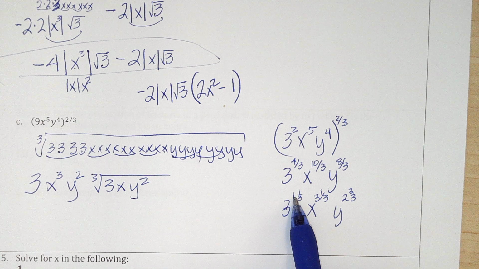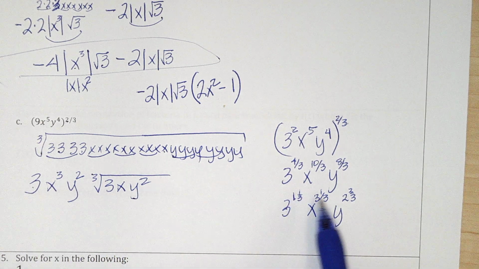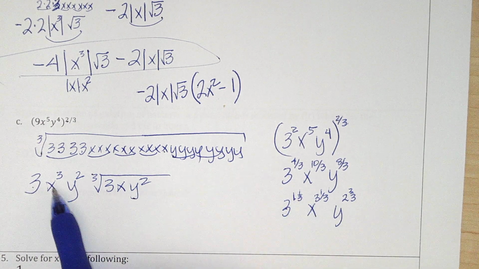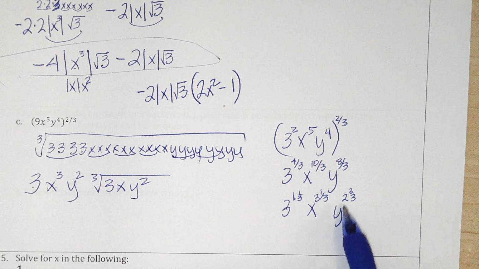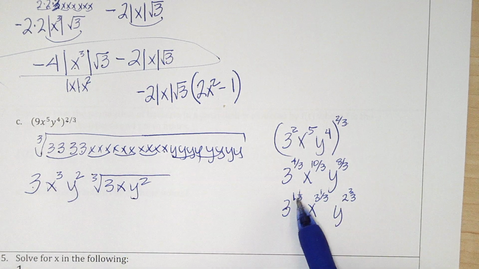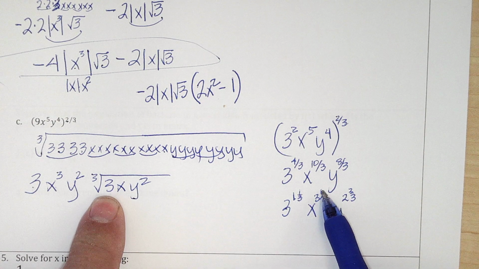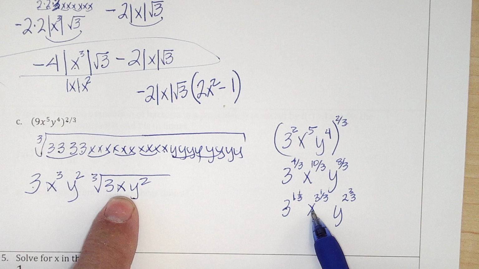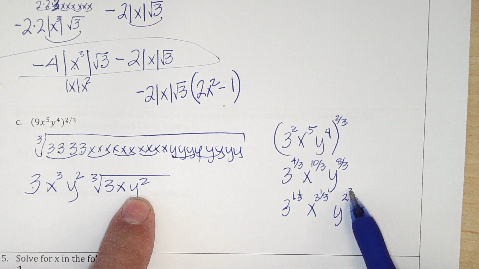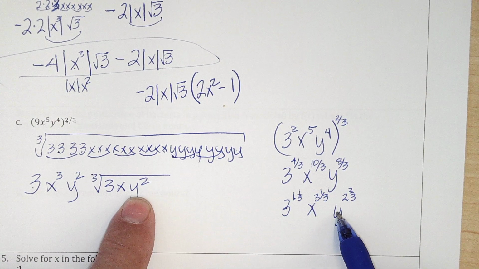So I got 3 to the 1, x to the 3, y to the 2, and 3 to the 1/3, so there's one of them under the cube root, 1 x under the cube root, and 2 y's under the cube root.